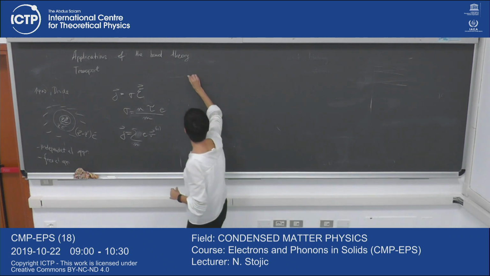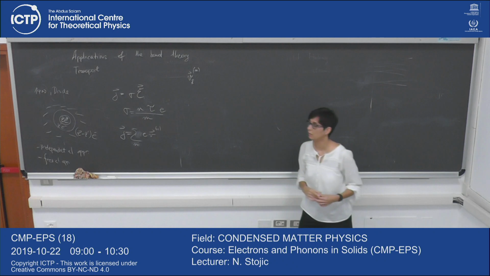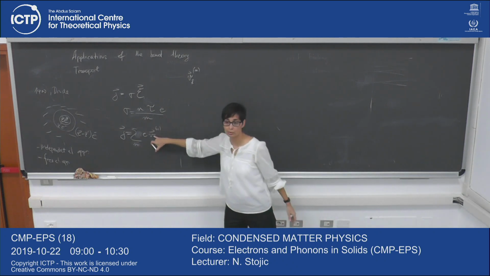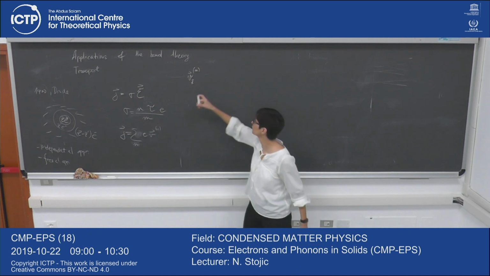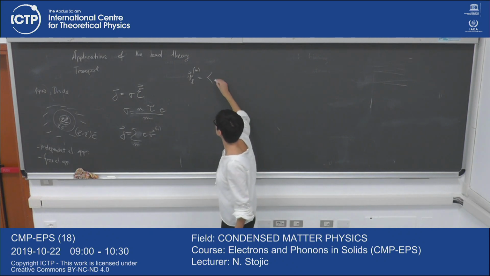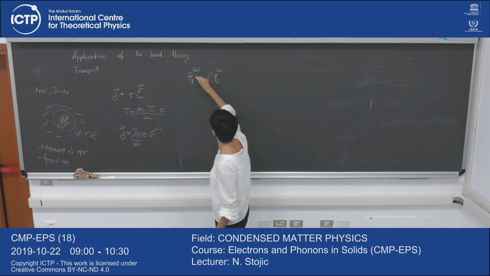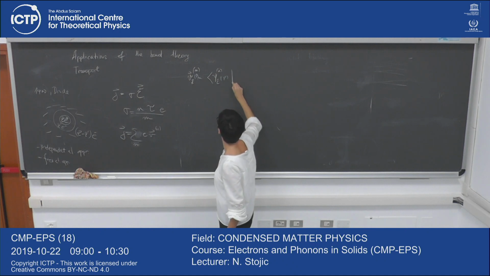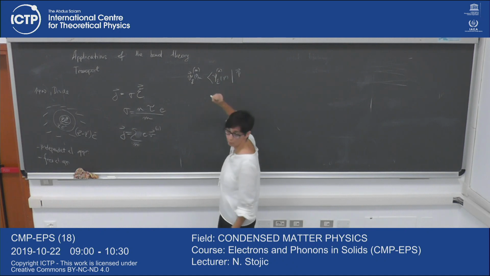So I want to express the velocity. To come to the current, I have to know the velocity. This can be taken as the expectation value of the momentum operator.